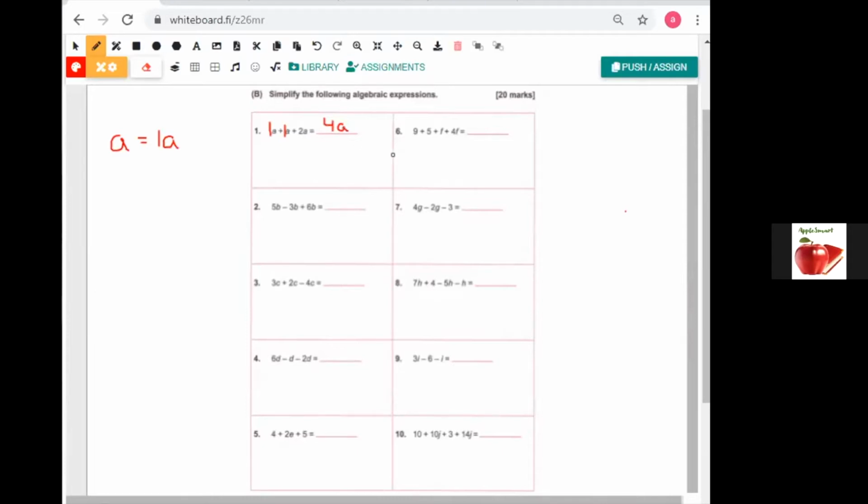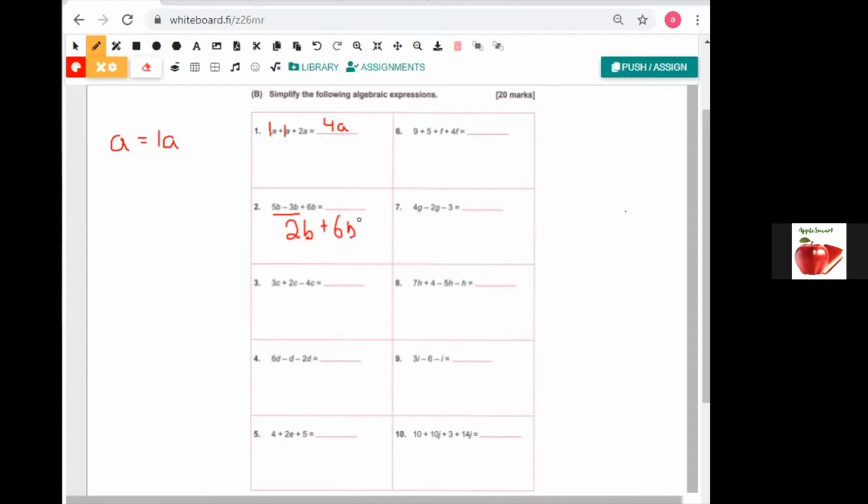And in this case, number 2 example, it says 5B minus 3B plus 6B. That might be easier to do in little groups. So when you have 5B, maybe 5 bananas, minus 3 bananas, how many bananas do you have? You're right, 2 bananas, and plus 6 more bananas.